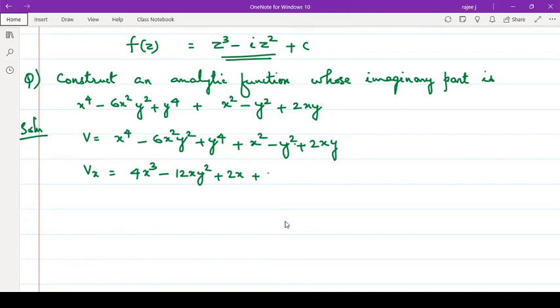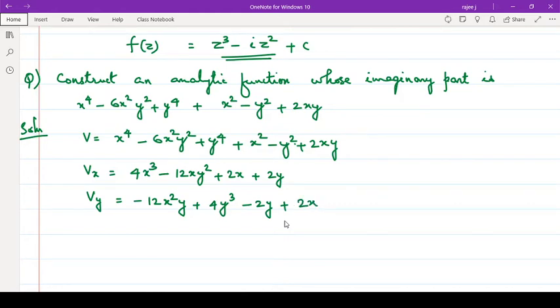2xy means plus 2y. Then vy is equal to, this is 0, this one will be 6x square, and the derivative of y square is 2y, so it is minus 12x square y plus 4y cube, then this is minus 2y plus 2x.